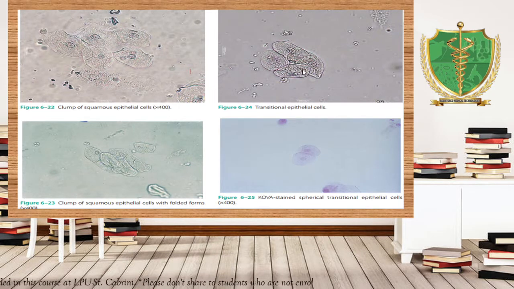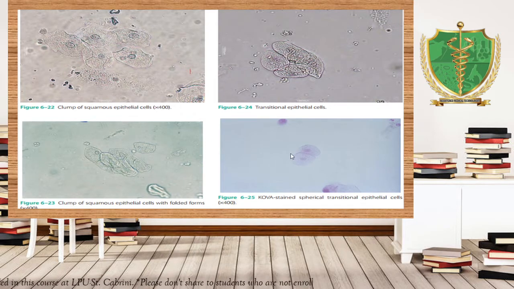This is transitional epithelial cells. The shape of squamous epithelial cells is irregular. However, transitional epithelial cells are somewhat spherical, polyhedral, or caudate in shape. This is another example of clumped squamous epithelial cells.